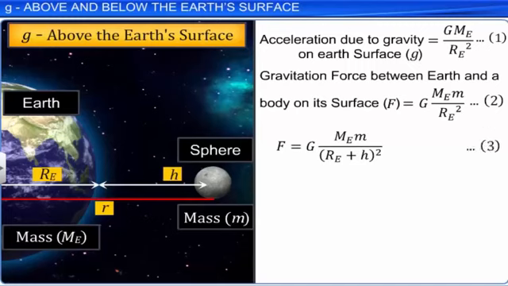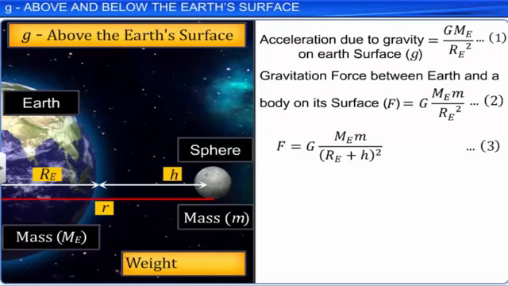Since the weight of the body is determined by the product of its mass and acceleration due to gravity at a given height, the weight of the body at a given height is expressed as in equation 4: Fh equal to Wh, which is equal to m into gh.